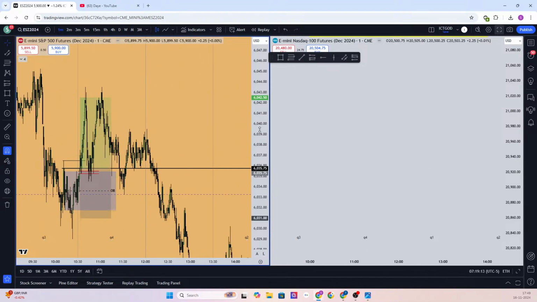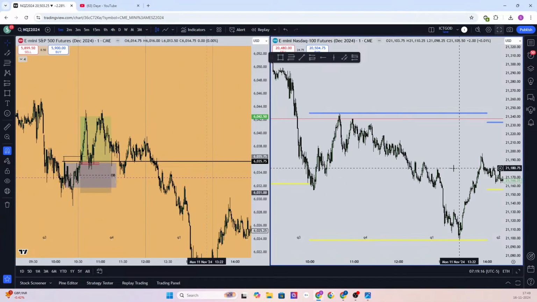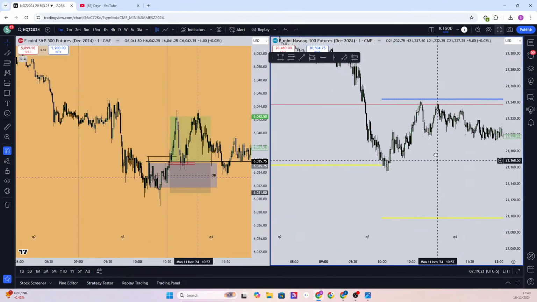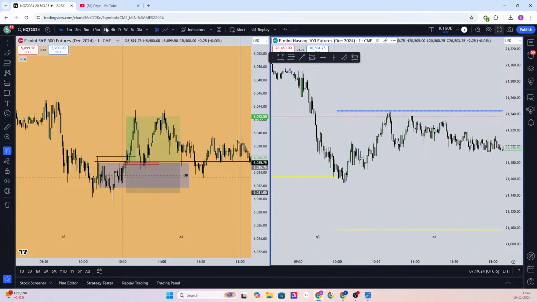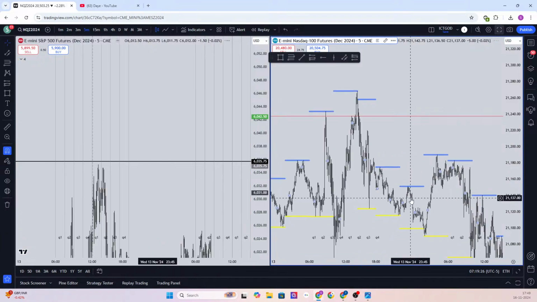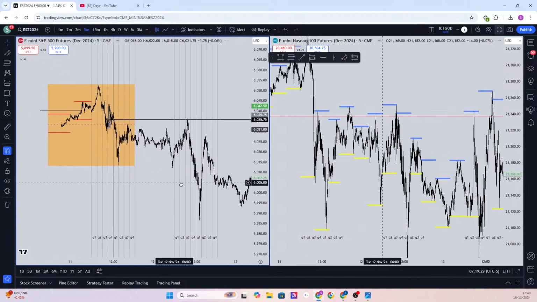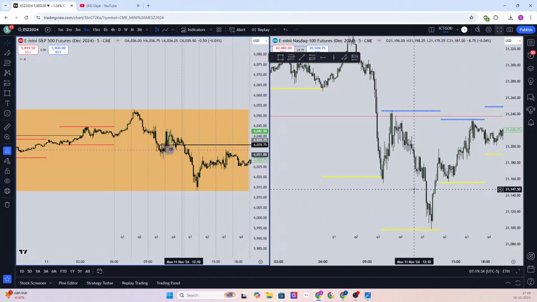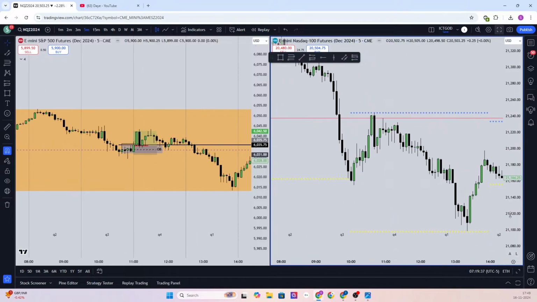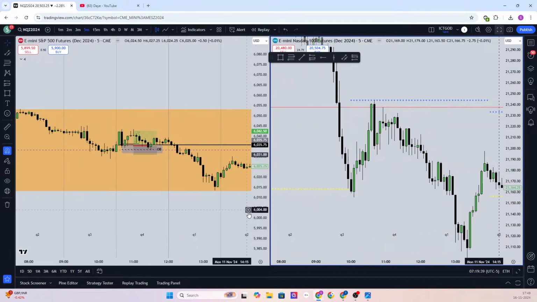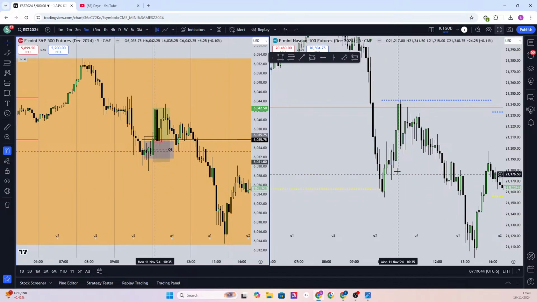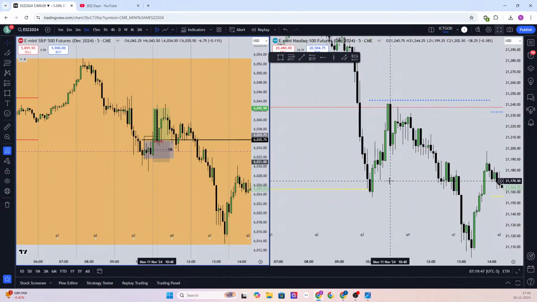I just don't enter right off NQ or ES. I would compare it with NQ as well, to see what NQ had. So let's see if NQ had the same kind of setup. If you look at this, NQ almost had the same, and we also had SMT here with ES, right?